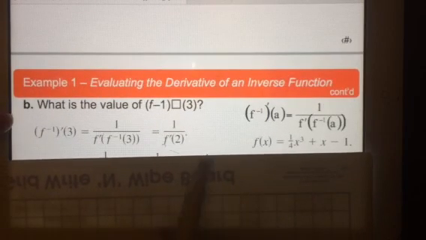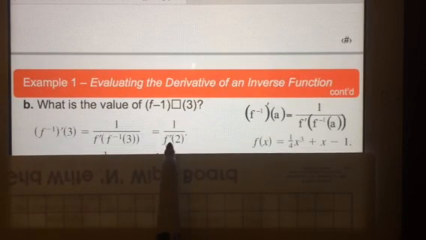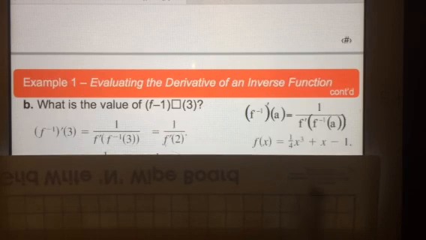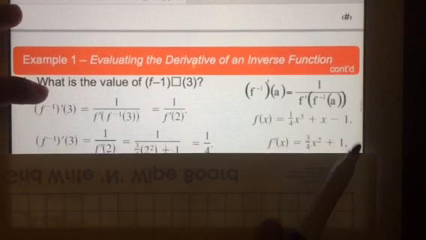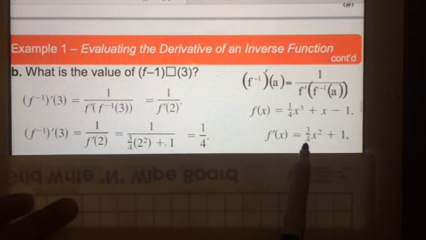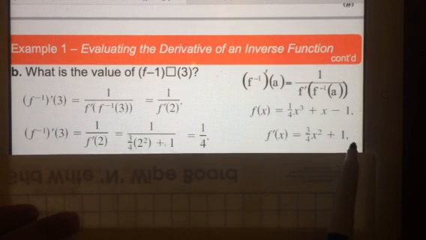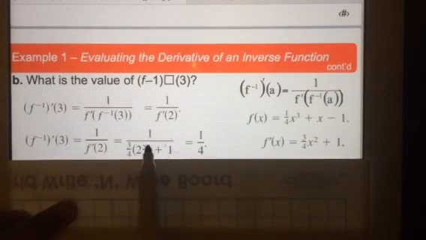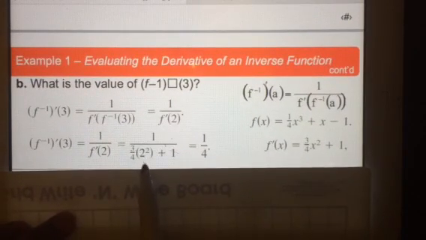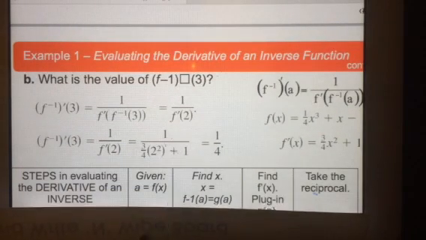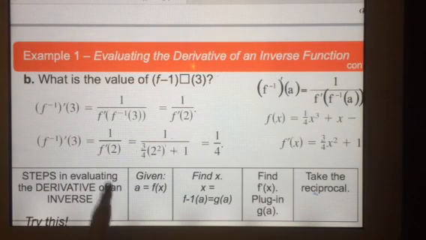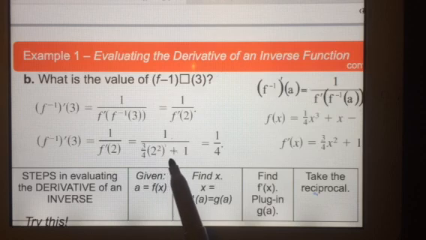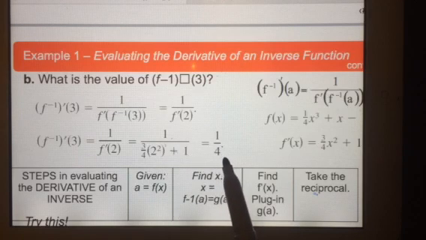What that means is we plug in 2 in the derivative. We already found the derivative to be 3/4 x squared plus 1, so we just need to plug in 2 in that derivative. So we have 1 over 3/4 of 2 squared plus 1, which is simplified to 1/4.